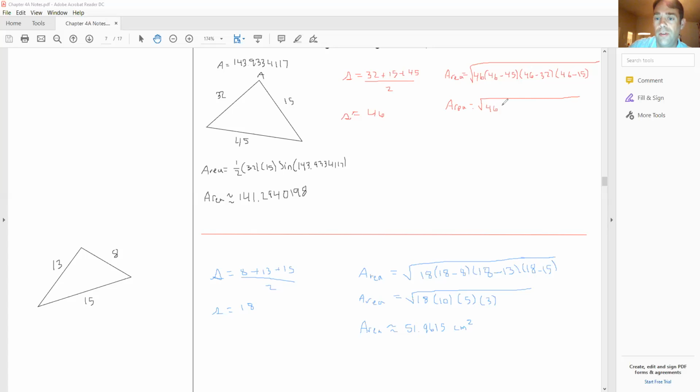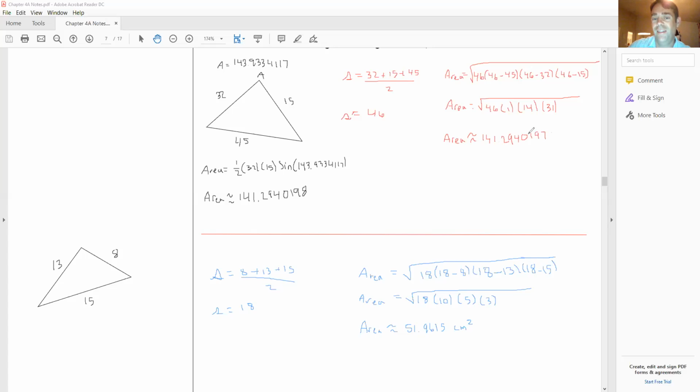We have 46, we have 1, we have 14, and we have 31. And when we plug it all into our calculator, we find out that the area, hopefully, is very, very close to that: 141.294019.